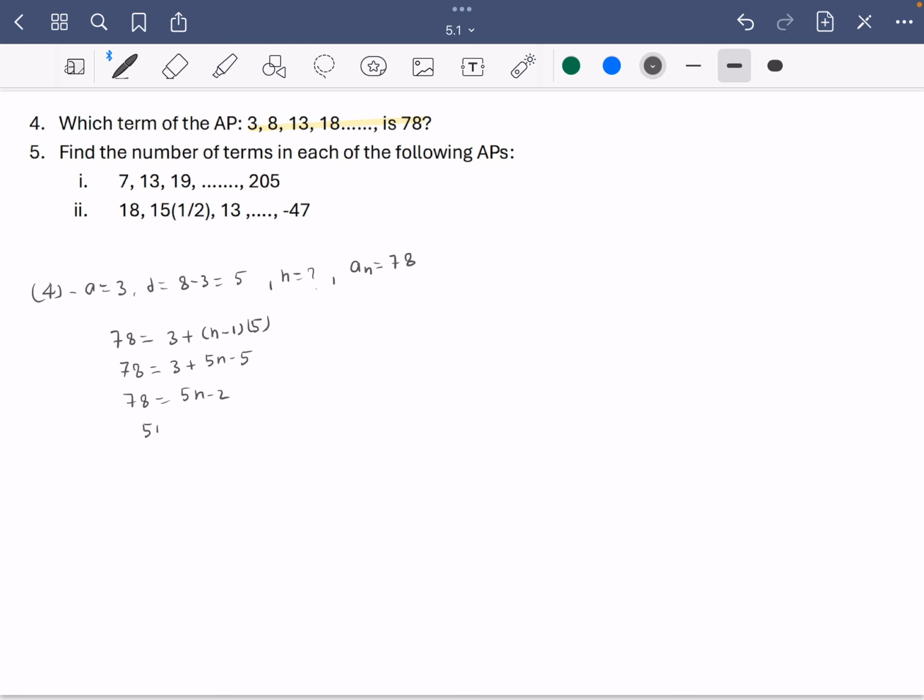So 5n is going to be 78 plus 2. n is going to be 80 over 5, which is 16. So the value of n is 16, the 16th term is 78.